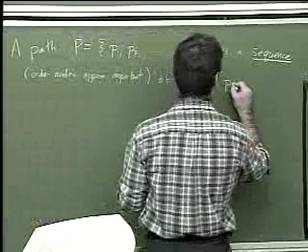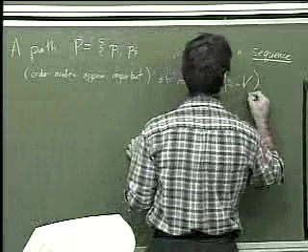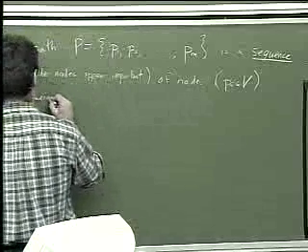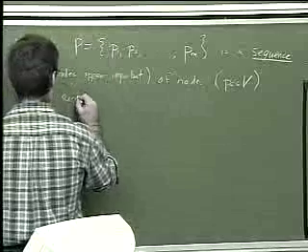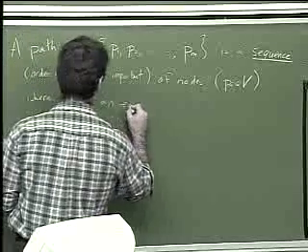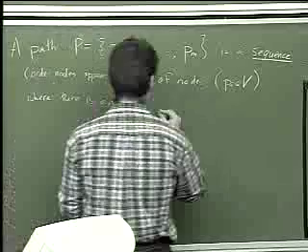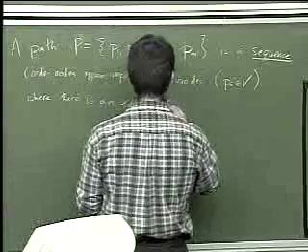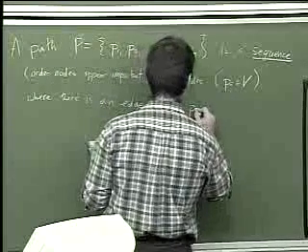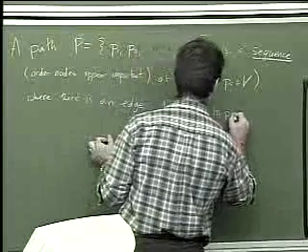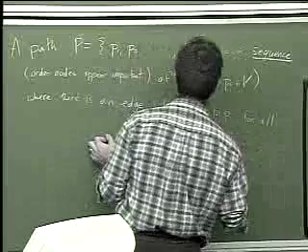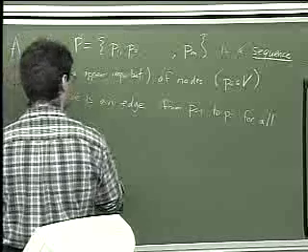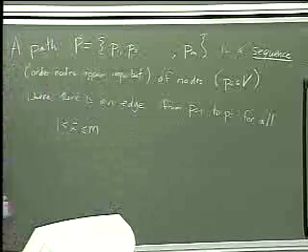That means that each p_i is in V, where there is an edge (p_{i-1}, p_i) for all 1 less than or equal to i less than or equal to m.